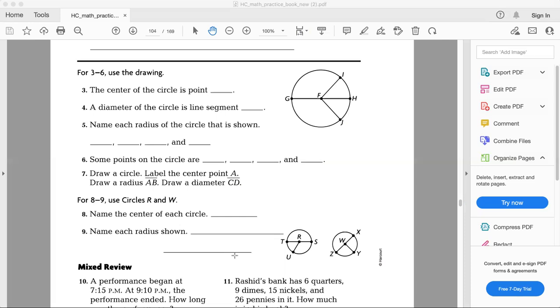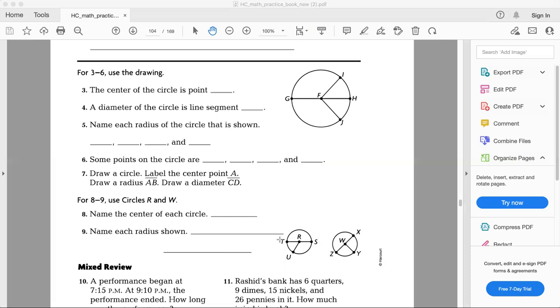There are 4 more radius. WX, WZ. WX, WZ. And the another one, beta? WX. Yes, WX, WZ, WY.